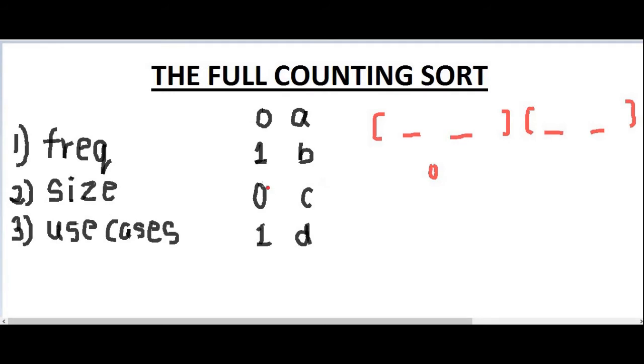And there is another catch in the problem: the first half values would be converted to dash. So your A here would become a dash. So let me write in a different color. This should have been A, however, as the question suggests, it will be converted to dash.